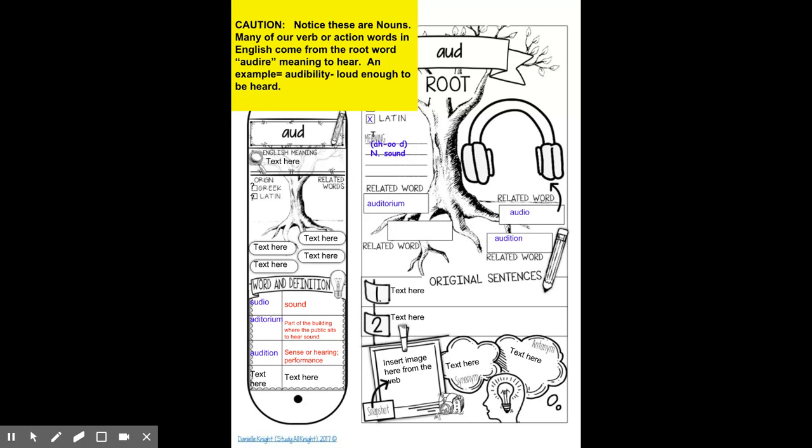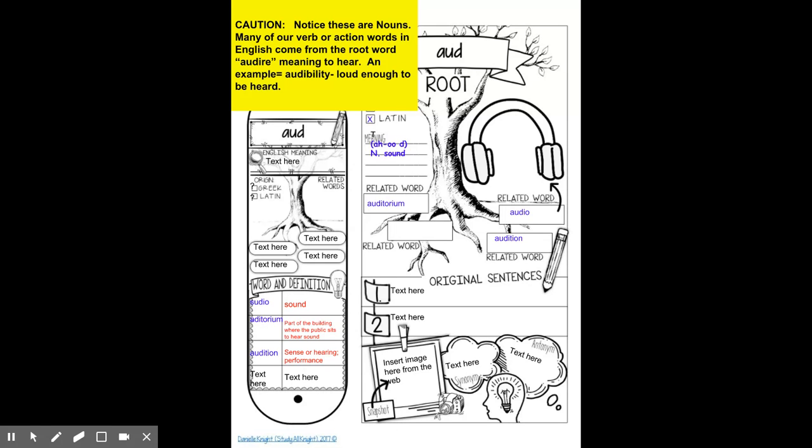Now in English, we have changed the sound of the diphthong to be aw, as in odd. So our English words that derive from aud are going to sound a little different. We're going to say aw instead of ow. So there you go. There's a phonetics lesson for you for today.